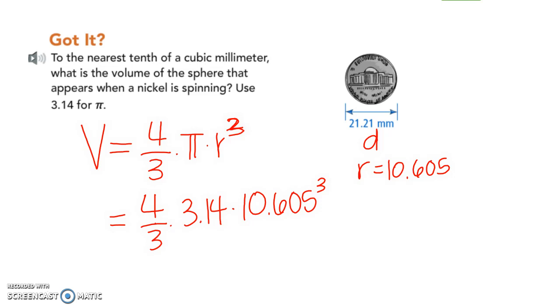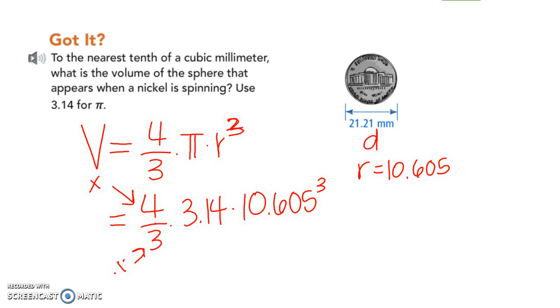Okay, I'm going to cube my radius first. 10.605 times 10.605 times 10.605. At this point, I have a big long thing, 1,192.7021. I'm not going to write that down. I'm just going to tell you. Next, I want to multiply times 3.14. Then remember, after I have that, I do times 4 and then divided by 3.